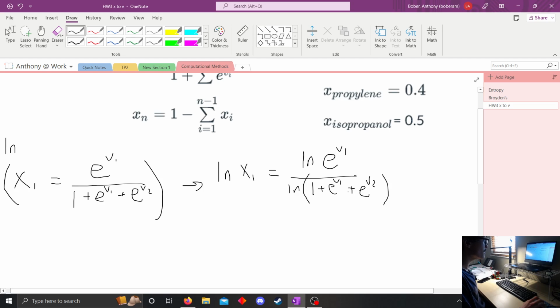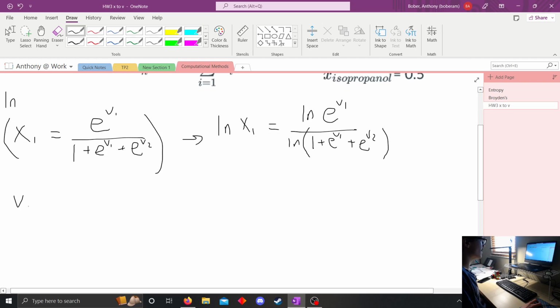And now what we're going to do is multiply this denominator over to the left side of the equation, and then we're going to use rules of logarithms to add these together. So we'll be adding these natural logs together on the left-hand side, and on the right-hand side, that's going to be equal to natural log of e to the v1, which is equal to v1.